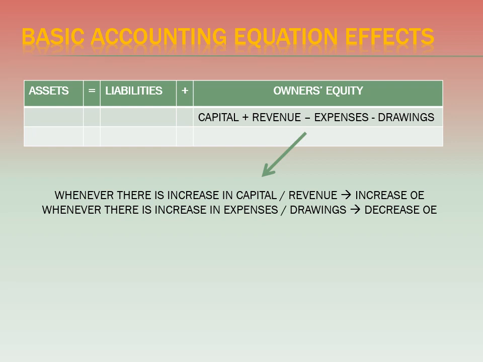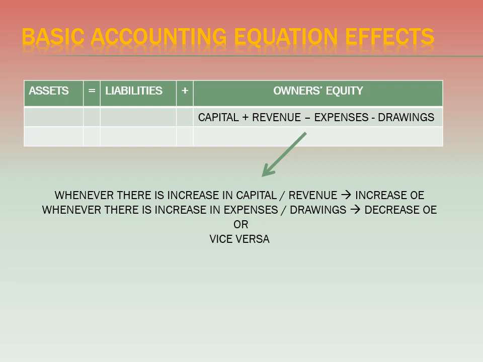So when we talk about effects to the basic accounting equation, we're not talking about capital, revenue, expenses or drawings per se. We actually explain whether there is an effect to the assets, liabilities and owner's equity.